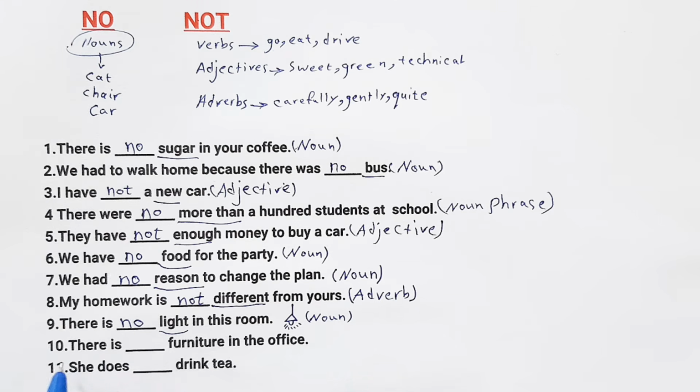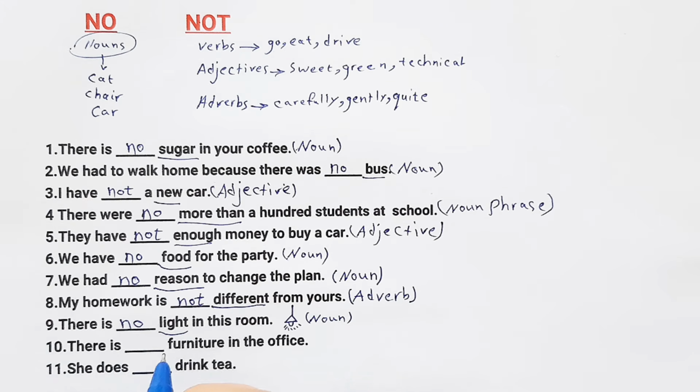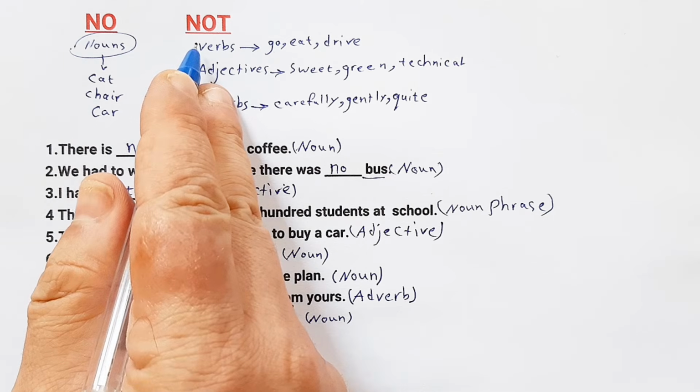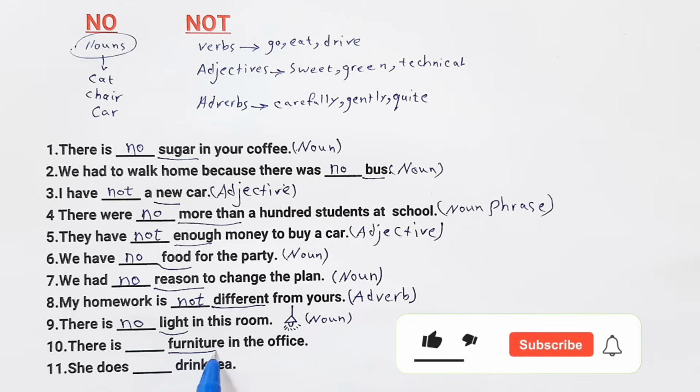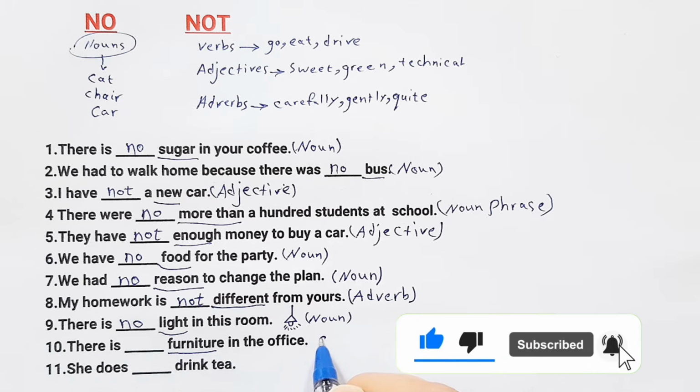Number 10, there is blank furniture in the office. Which one is correct? No or not? Here the keyword is furniture, and we know that it is a group name.